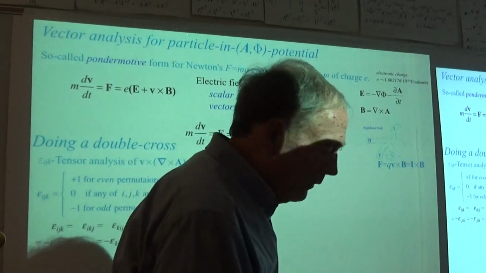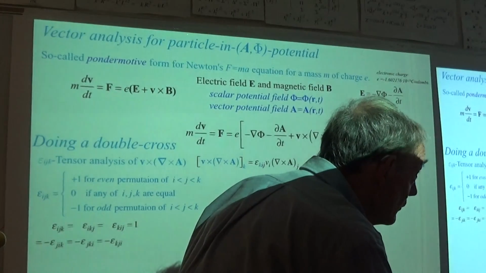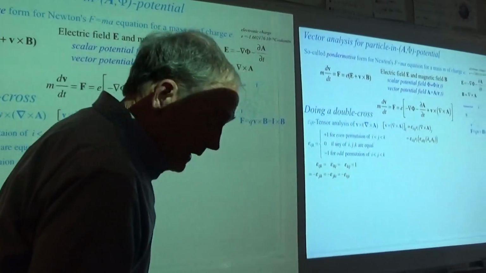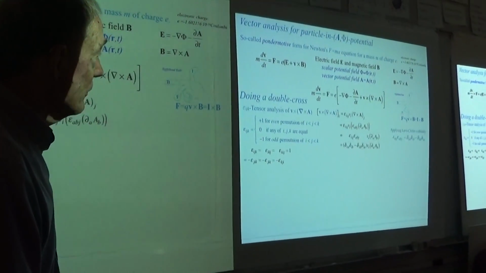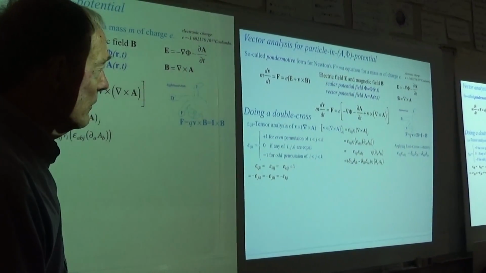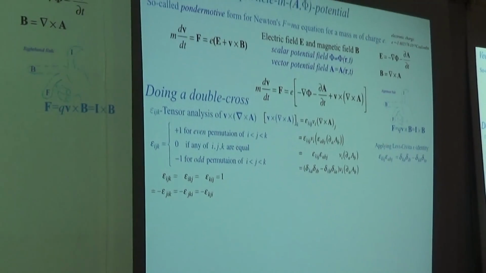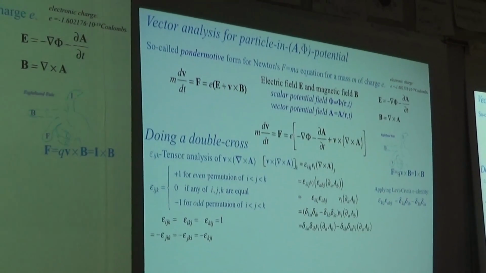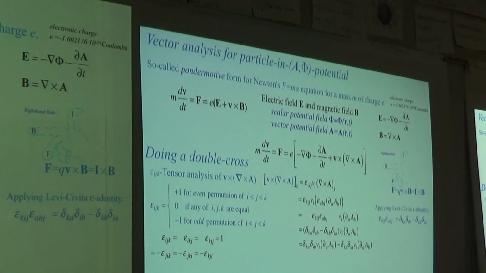Okay, so that is what we are going to be playing with. And it's something you should practice on. If you're not familiar with this, you need to do a little bit of study on your own to do this kind of algebra. That's what we're really after here.